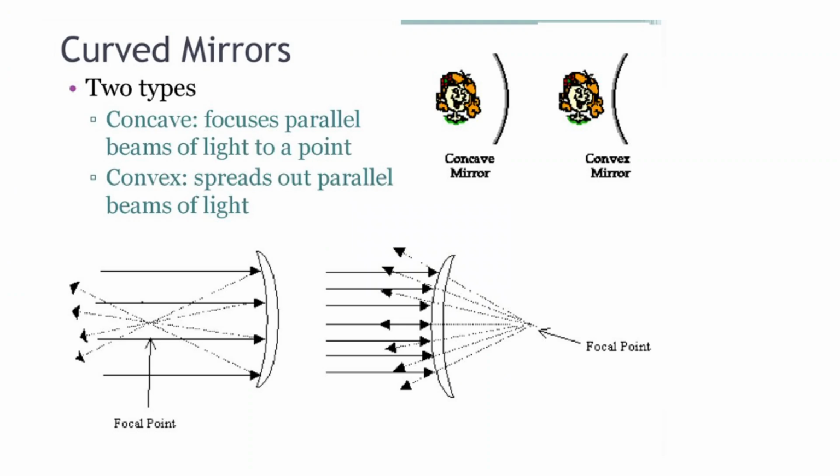Okay, so next is how to distinguish. This is again the same: we have two types of mirrors. One is concave, which focuses parallel light. I have already explained that if the outside part is polished, then it is called concave. If the inside part is polished, then it is called a convex mirror.